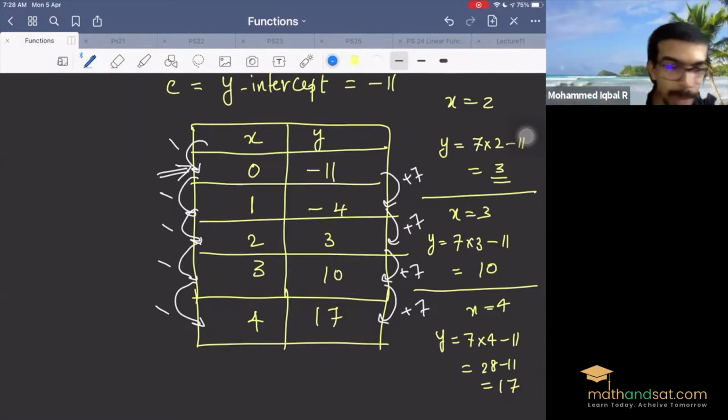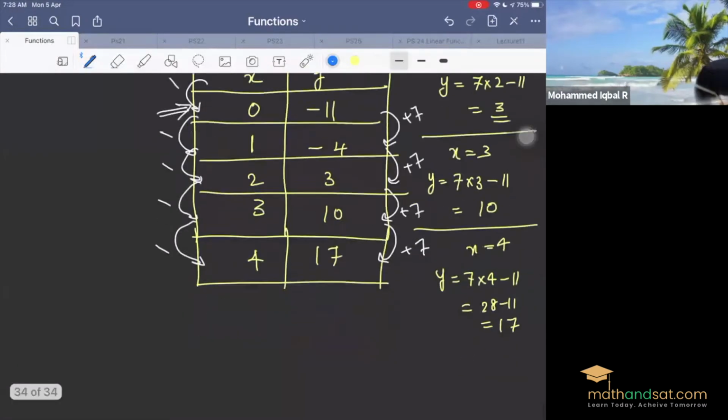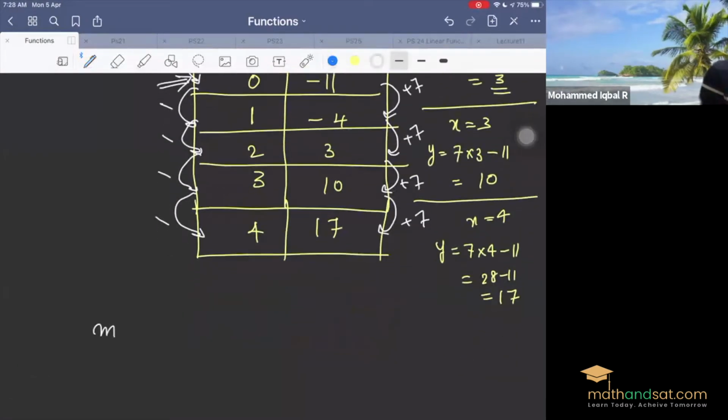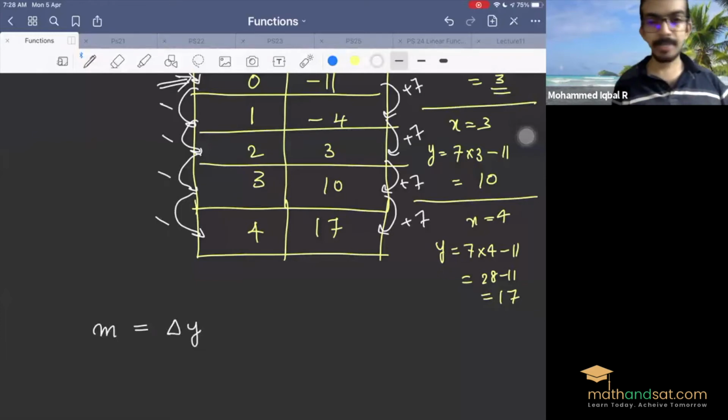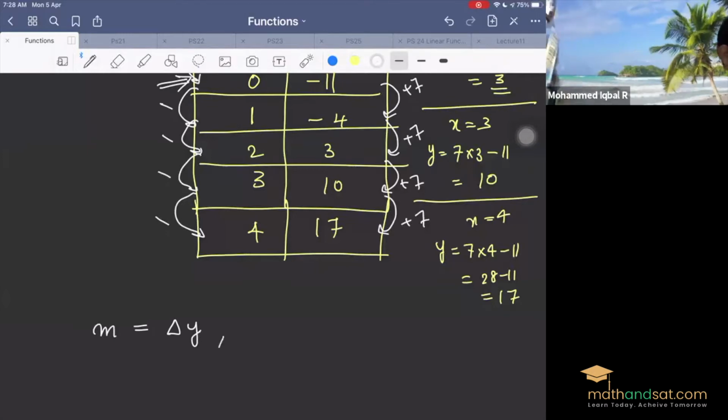Yeah. So I'm going to write m as, your m is equal to change in y, delta y. Delta represents the change. Change in y when delta x is set as 1.